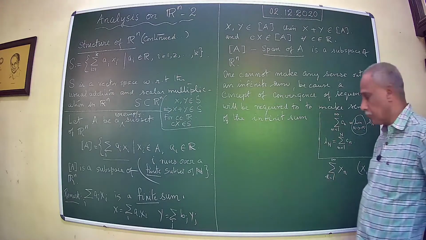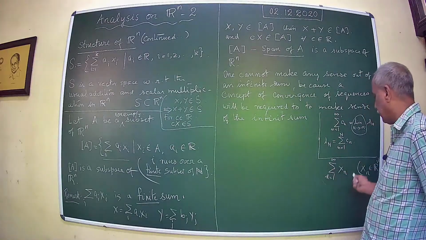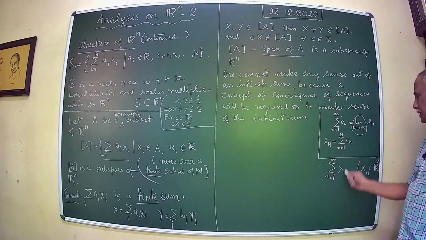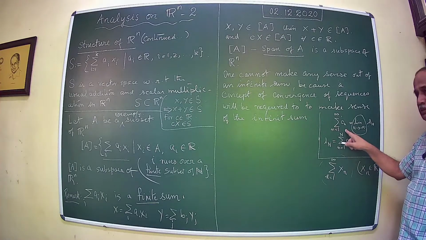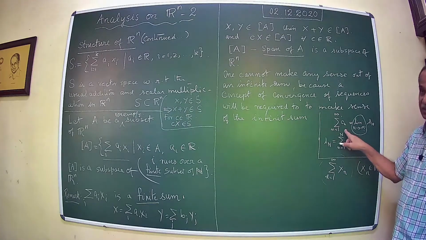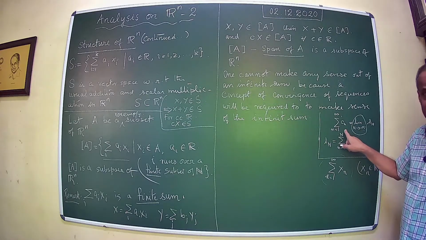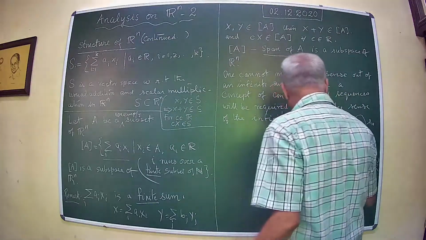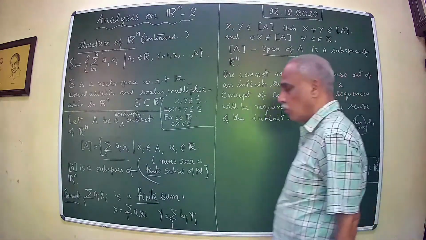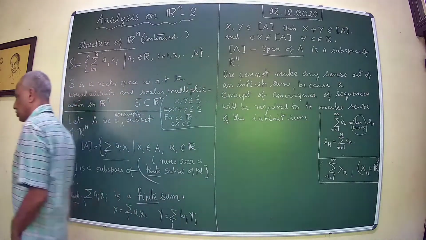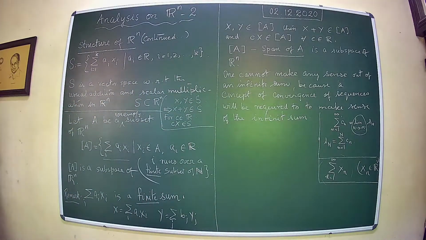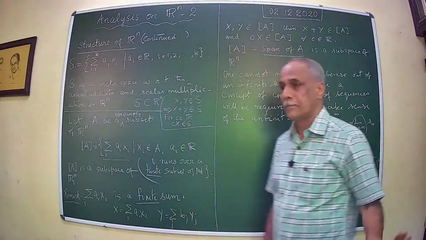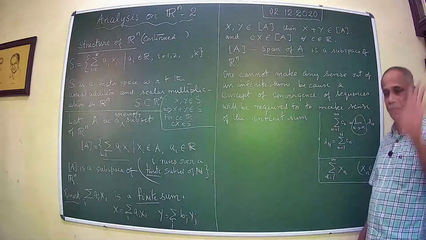Because if you suddenly want to talk about an infinite sum of this kind, then you need a concept of convergence, which necessarily requires what is called a distance notion, which is at the moment not there. So please bear that in mind. Later we will overcome this if necessary by introducing the concept of distance. That means within the framework of the algebraic structure, you can only talk about finite sums.